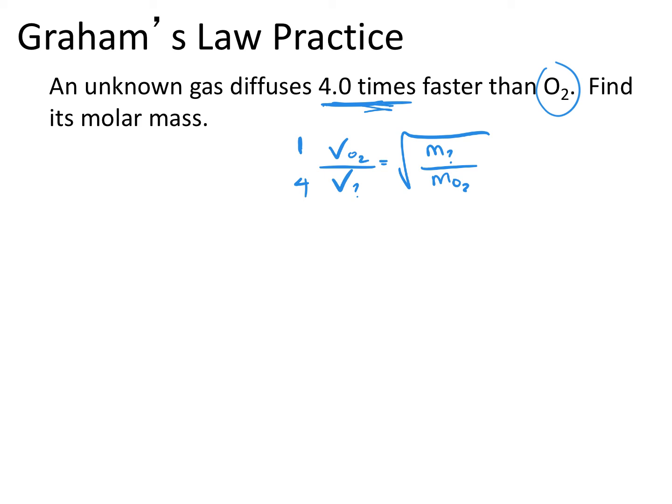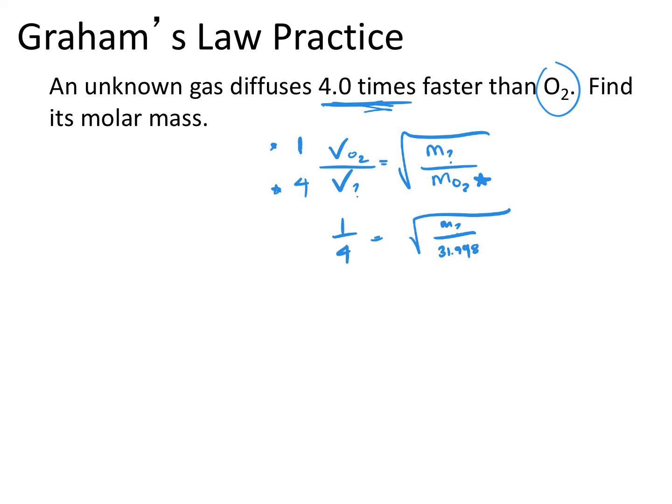It just matters that the rate of movement of my unknown gas is 4 times that of my known gas. So I'm just going to plug 1 and 4 into these two portions of the equation. I also know the mass of my oxygen, 31.998.